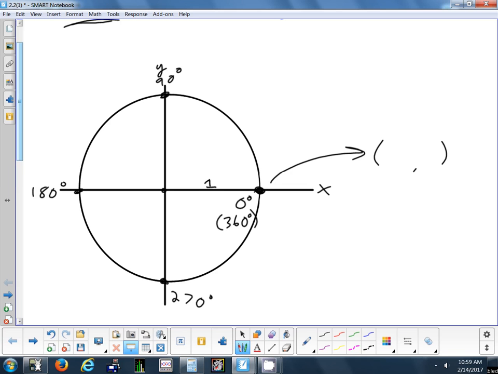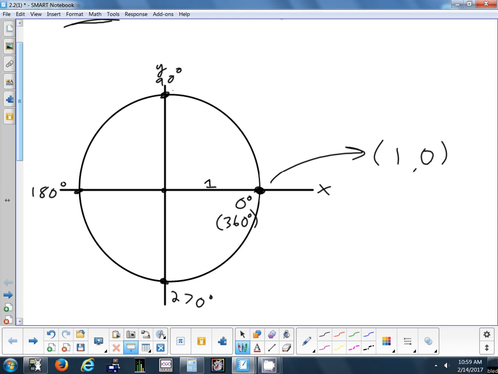Keep in mind, you're on a circle with a radius of 1. So you're only moving 1 unit to get to the edge of the circle. Yeah, Jamel? 1, 0. Yeah. This is the coordinate 1, 0. Right, 1, don't go up and down. And that's always the coordinate for 0 degrees. That never changes. Okay? The coordinate on the unit circle.